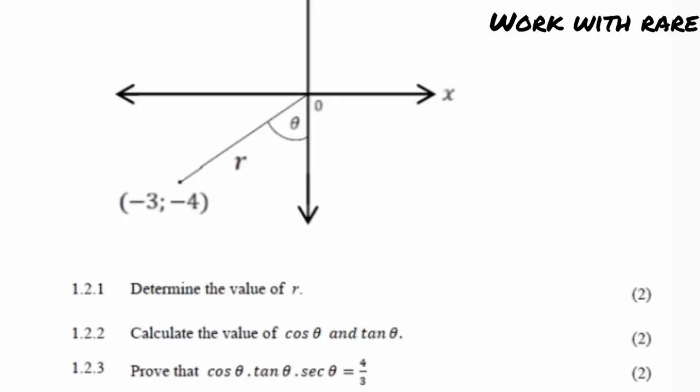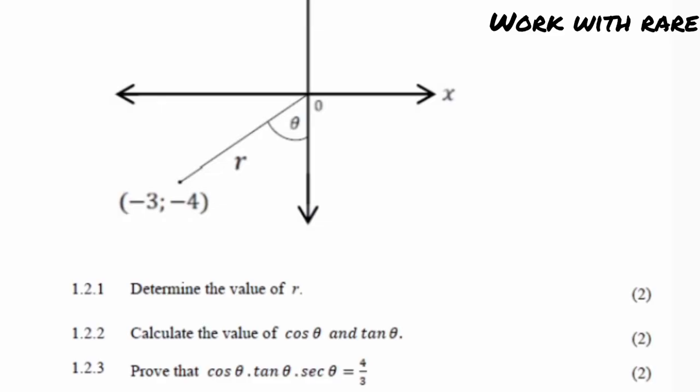And the last one, which is 1.2.3, it says prove that cos theta multiply, remember that means multiply, this point, great terms. Some of the things I don't have to say, when you are in standard 8, this is a dot. Cos theta times tan theta multiply, I say times and multiply, but they mean one and the same thing.